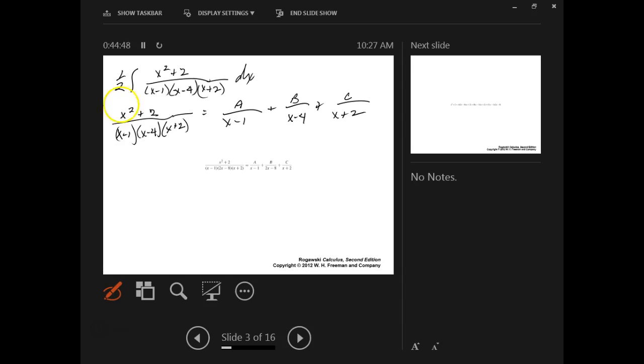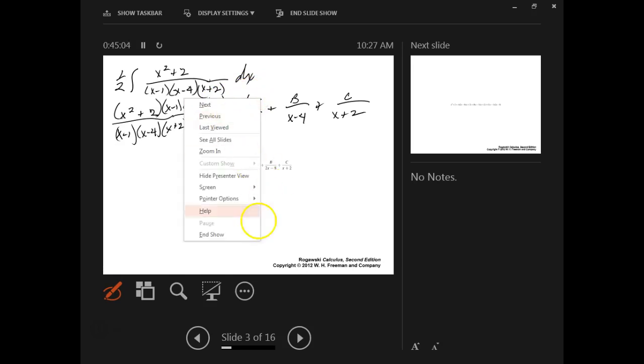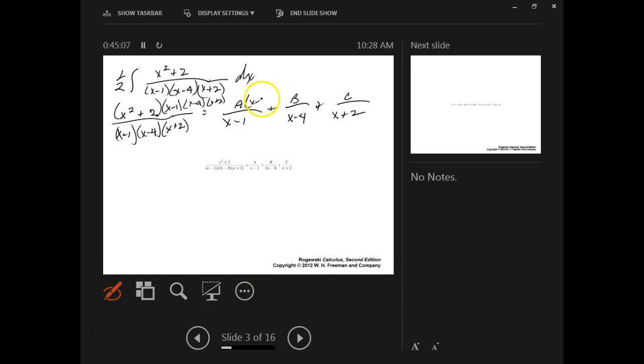What would we do next? Okay, and that would be x minus 1 times x minus 4 times x plus 2. This times x minus 1 times x minus 4 times x plus 2. This one times x minus 1 times x minus 4 times x plus 2.